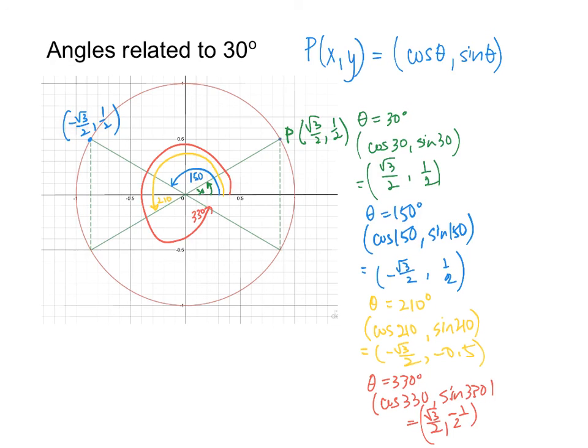And now for 210 degrees, we're still over negative root 3 over 2 and down a half this time, so both cosine and sine are negative. And finally, for 330, we're at root 3 over 2, positive because it's a positive x value, so positive cos, and negative 1/2, because we're below 0. Those are the 4 angles related to 30 degrees.